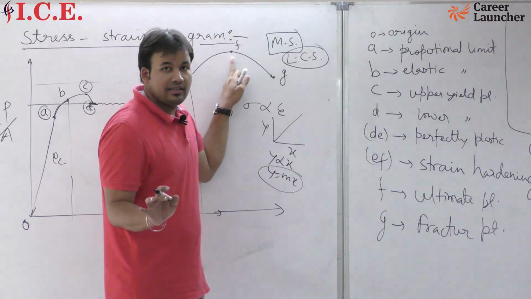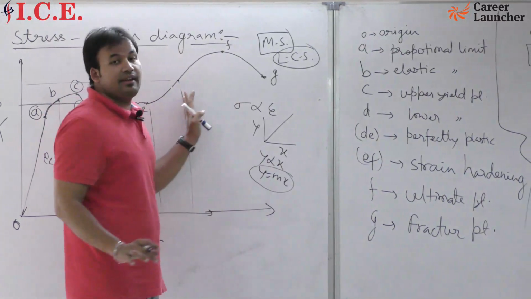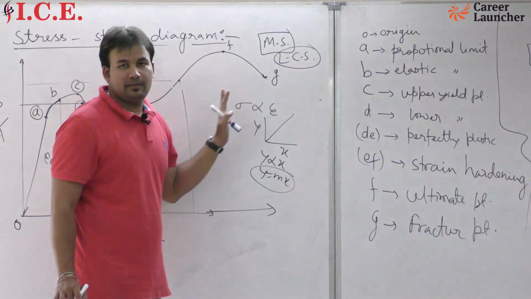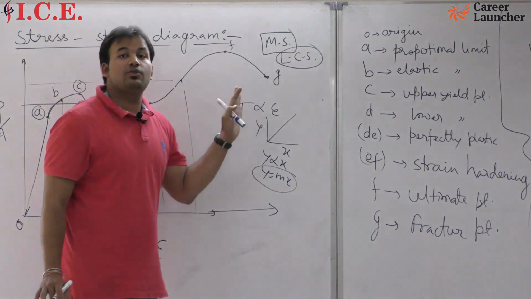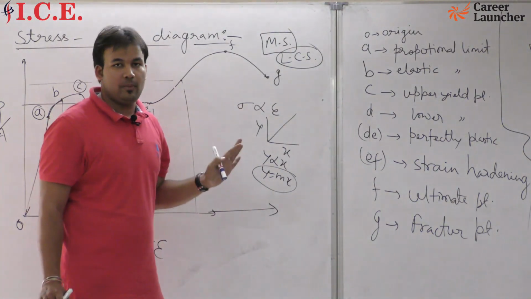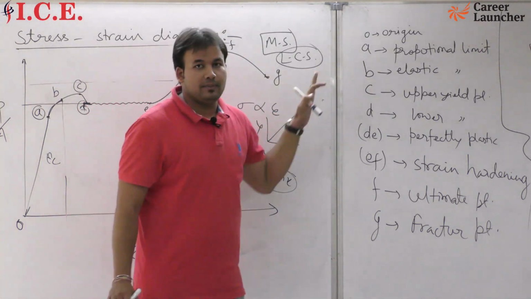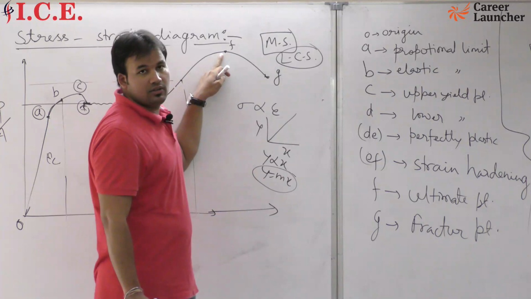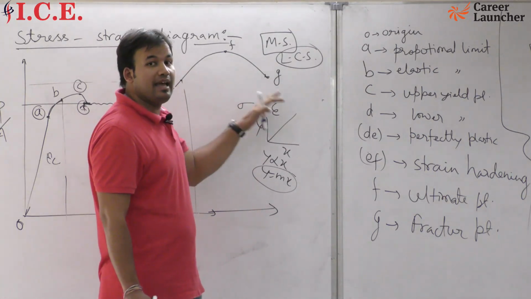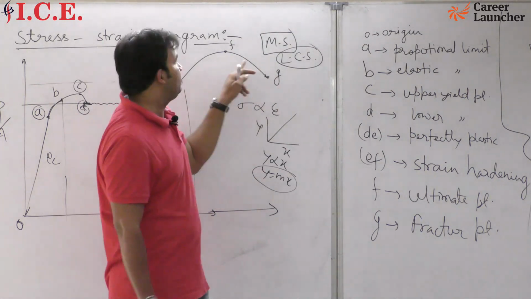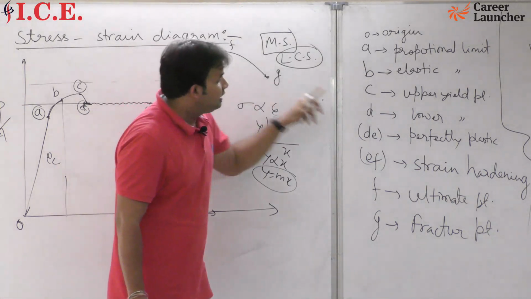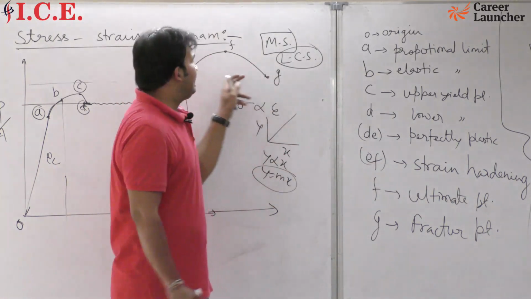And guys, listen, this is your engineering stress versus strain diagram. This is not your true stress versus true strain diagram. So after point F is your maximum ultimate point. Okay, maximum load on this object that you can apply in engineering stress versus strain curve that you will have, that will be your ultimate point.